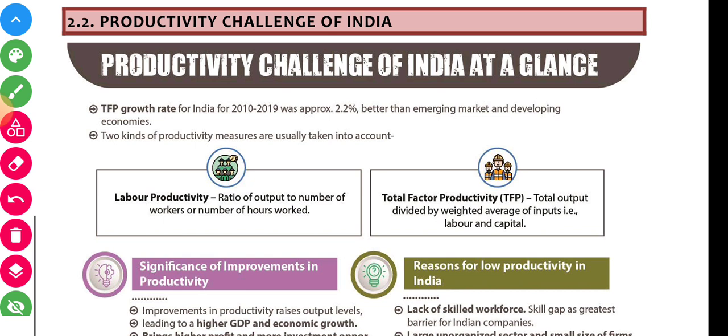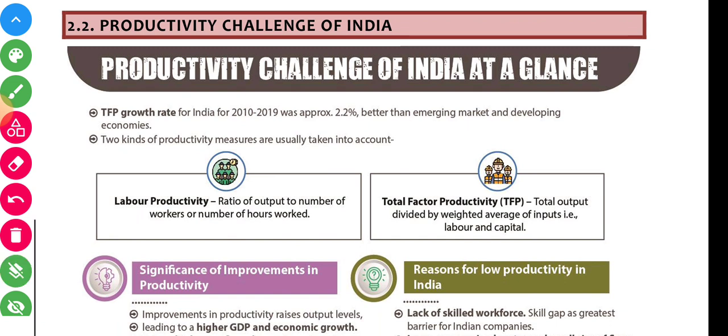Total factor productivity (TFP) growth rate for India for 2010 to 2019 was approximately 2.2%, better than emerging markets and developing economies.